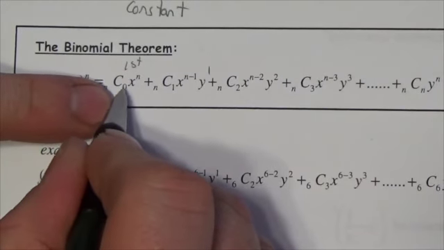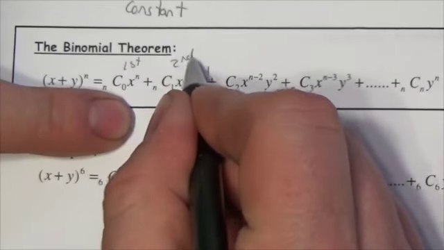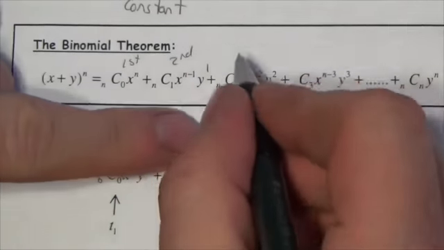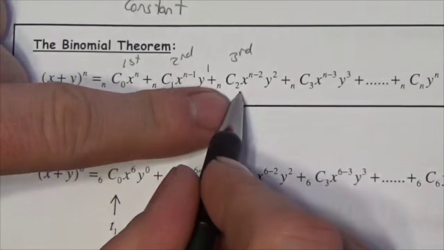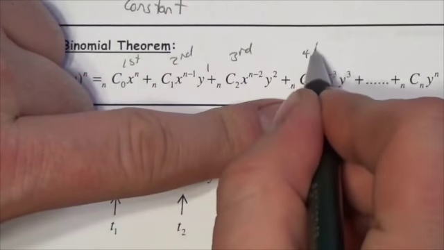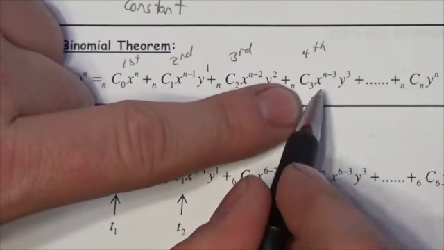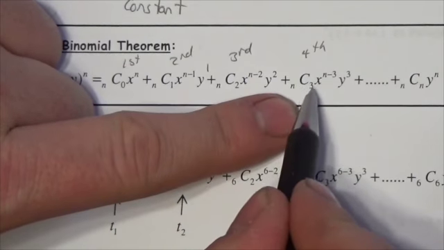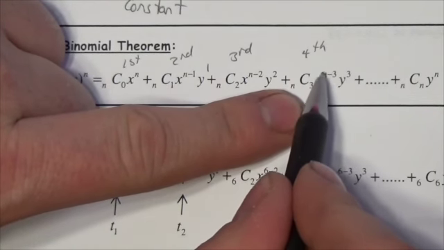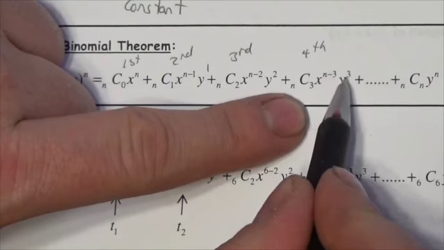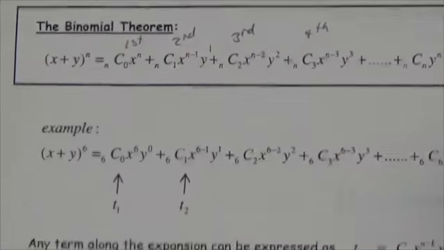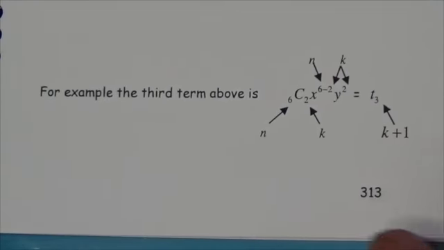That value there is 0. This is the 2nd term. The value is 1. This is the 3rd term. That value is 2. This is the 4th term. That little value down there is 3. And in the 4th term, notice it's n choose 3, x to the exponent minus 3, y cubed. There's a beautiful little pattern here, and it gets summarized in this expression right here.